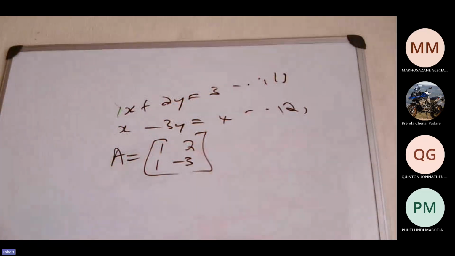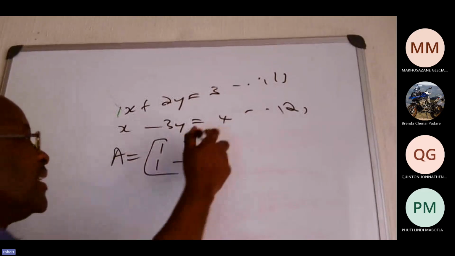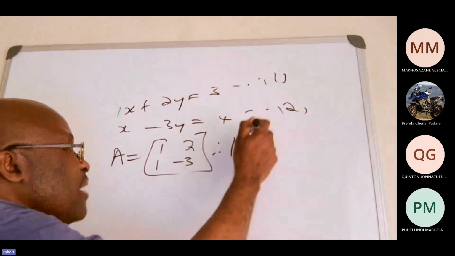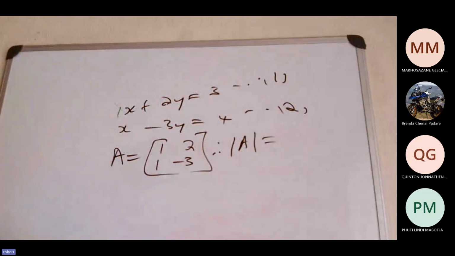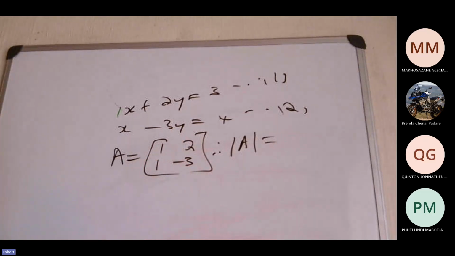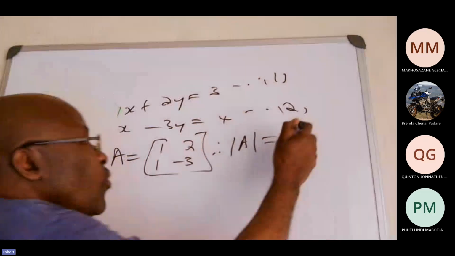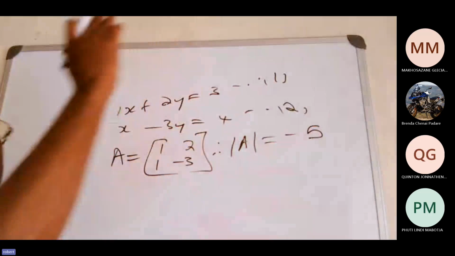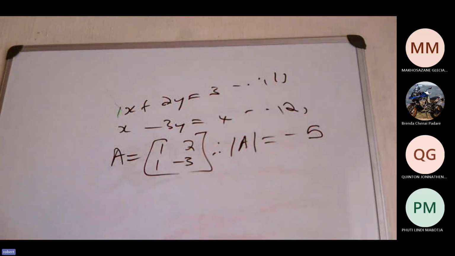Then you find the determinant of A. If the determinant of A is 0, then we know these will never cross each other. So now it will be minus 3 minus 2, which is minus 5.